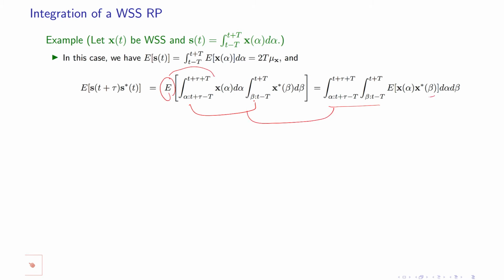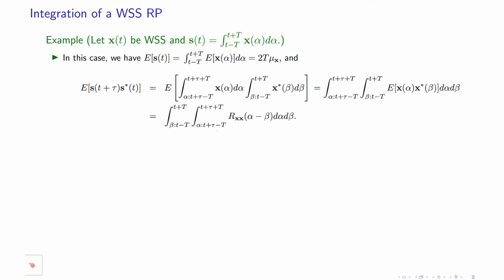Now, because I know that x is WSS, this is equal to Rx at times alpha and beta, and because it is WSS, it is only a function of the time difference, so it becomes Rx of alpha minus beta. I make an abbreviation, I don't need to put comma 0. So now this integral is over this area, and this example is very important.